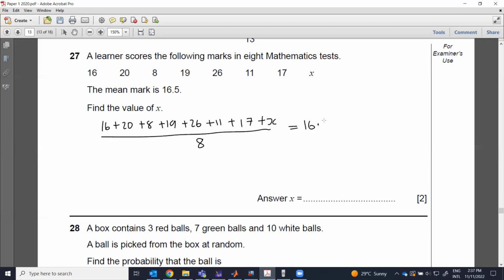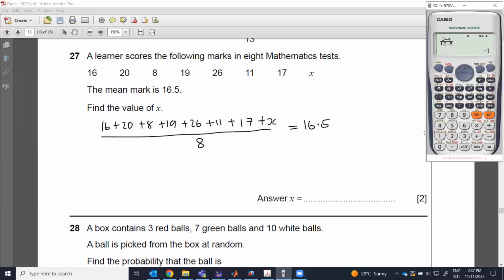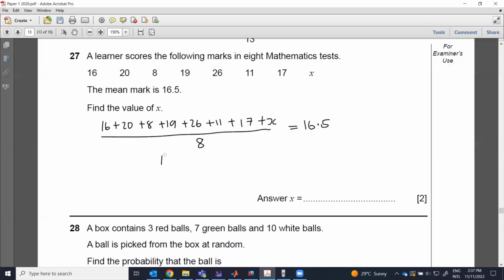And this should be equal to 16.5. So if we simplify our numerator, we have 16 plus 20 plus 8 plus 19 plus 26 plus 11 plus 17. This is 117. Plus x over 8, this is equal to 16.5.